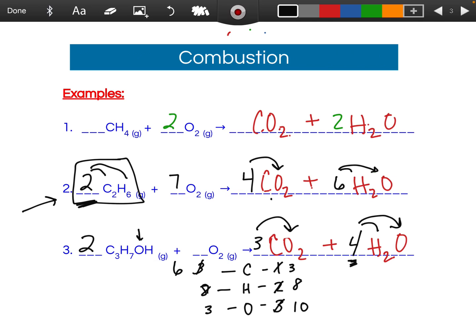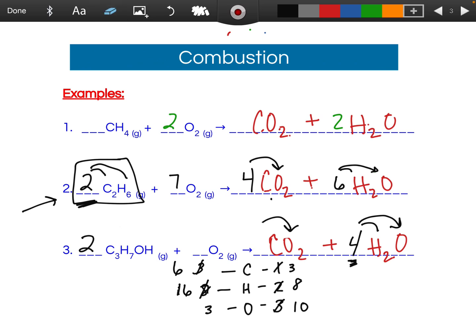So I'm going to double my carbons. Hydrogen, remember, I'm going to erase this. I have 2 times 7, which is 14, plus 2 more here, which would be 16. All right, so now on the product side, I need to also fix my numbers.